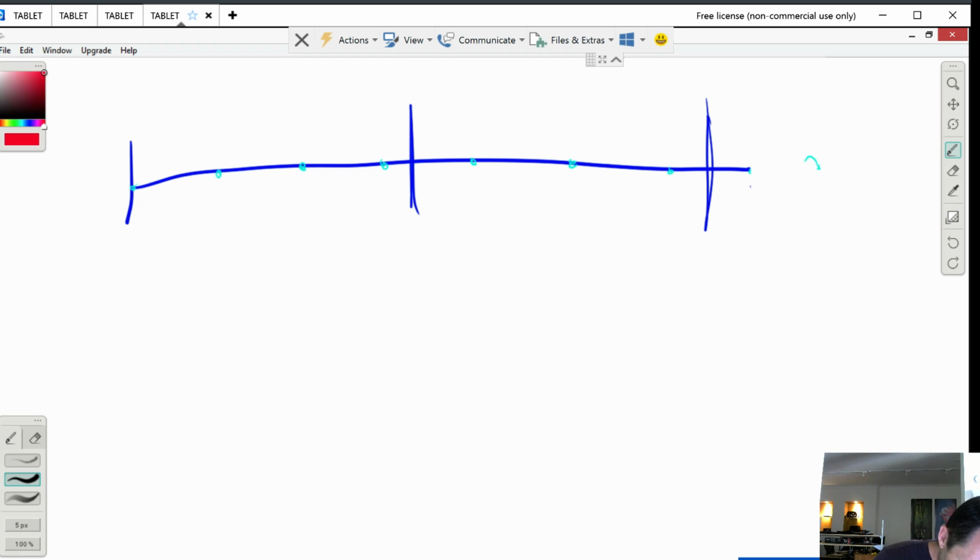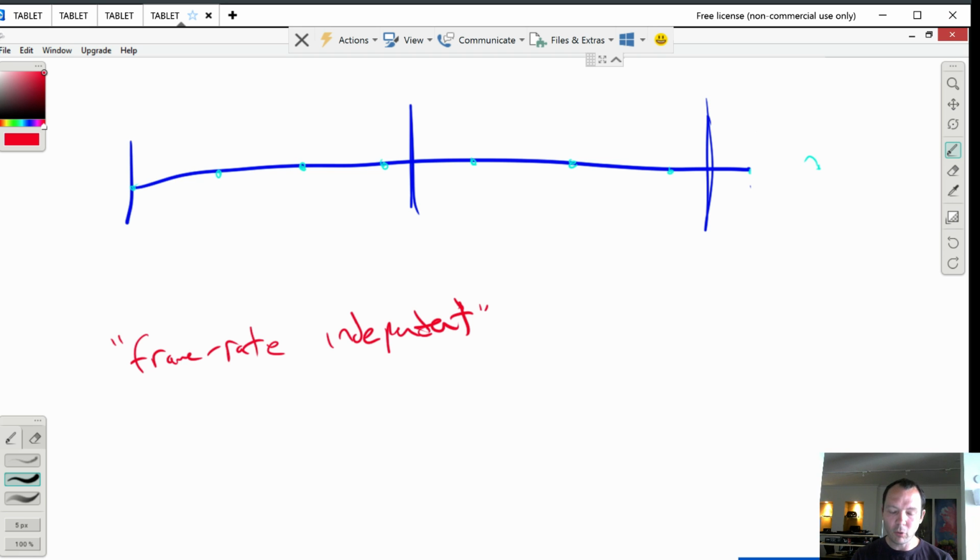The frame rate independent version, some people were suggesting on Twitter: well, why don't you just always interpolate, right? So if you want to do this in a frame rate independent way, you can wait until this one happens, right?